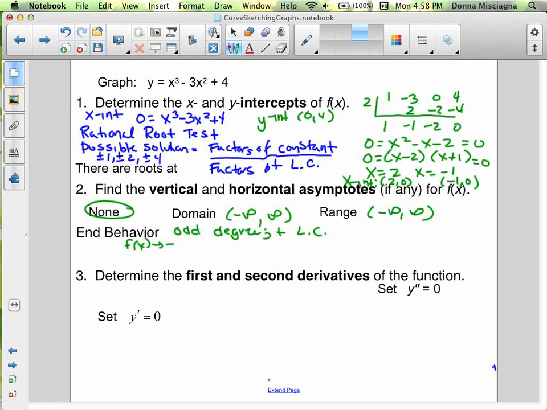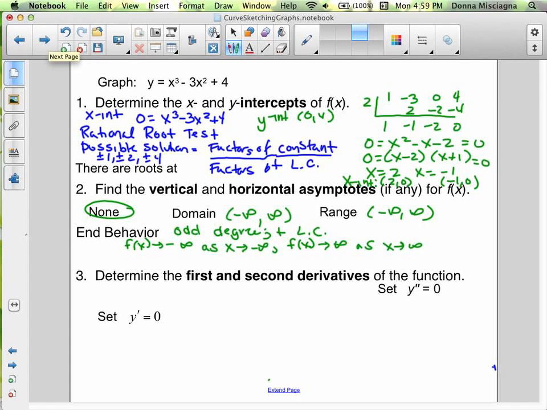This should be very familiar from Algebra 2. So f of x approaches negative infinity as x approaches negative infinity. F of x approaches infinity as x approaches infinity. Right? Grows and decreases together.